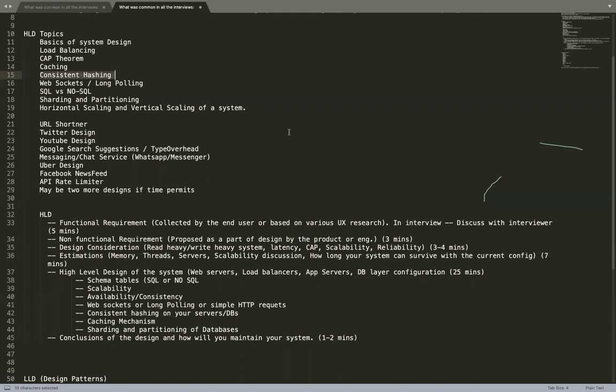All those things can be covered as a part of HLD, and it's always good to know them, because even if your interview is very specific to Android application development, you can project yourself in a better way when you are designing an Android or iOS application.